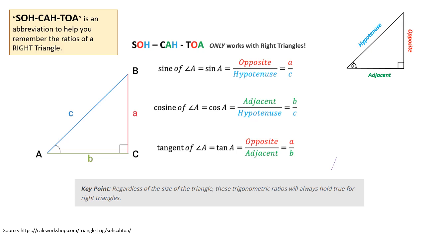The SO in SOHCAHTOA means the sine of an angle is the side opposite over the hypotenuse, the cosine of an angle is the adjacent over the hypotenuse, and the tangent of an angle is the opposite over the adjacent.